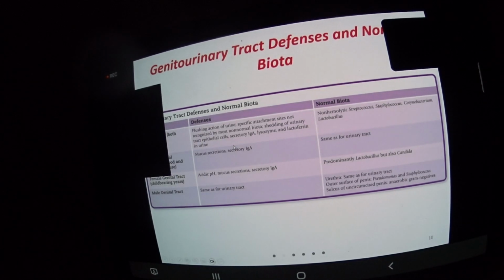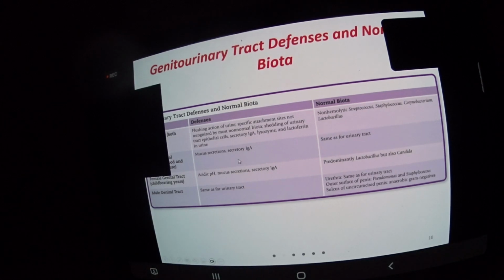The other protective measure for females, interestingly enough, is the type of secretions they have before puberty in childhood, after menstruation starts and while menstruation continues, and then after menopause.